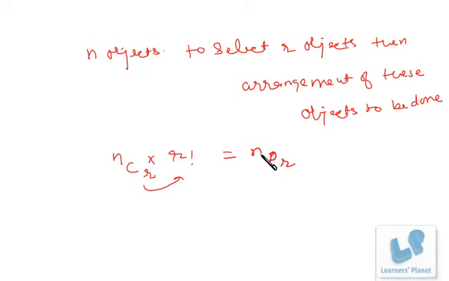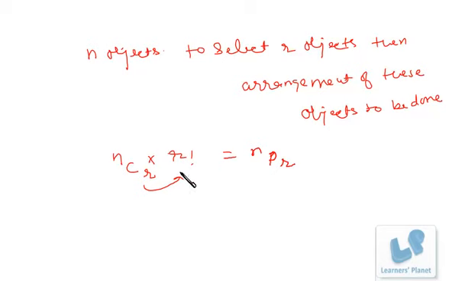That is permutation. Now you got the difference between these two. Here only selection is there, then selection followed by arrangement is permutation, right? So what is the difference between permutation and combination? Combination is strictly selection, and permutation is arrangement of selected objects, right?